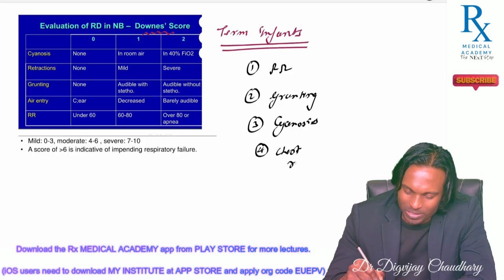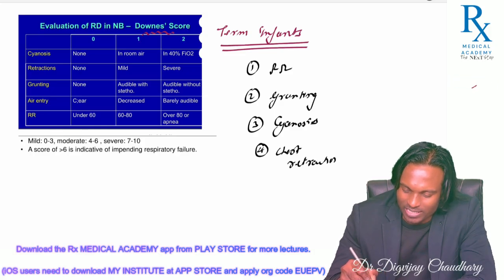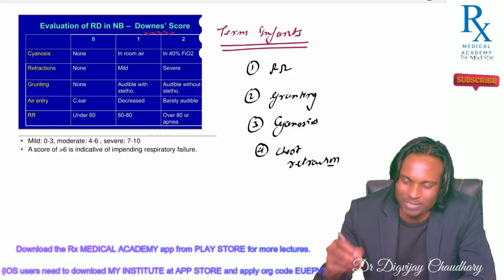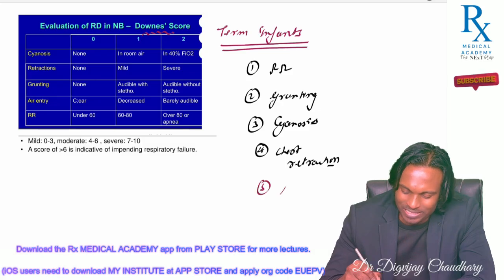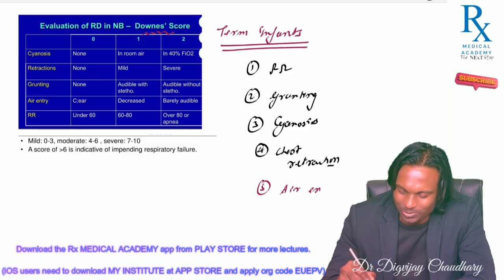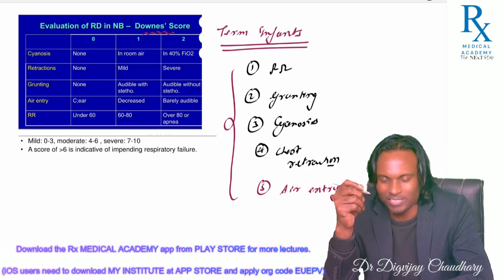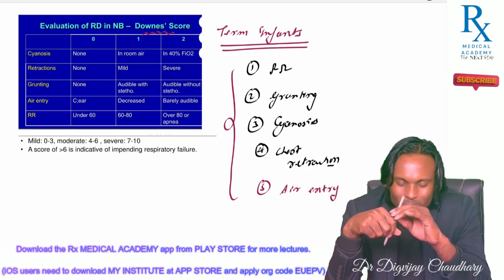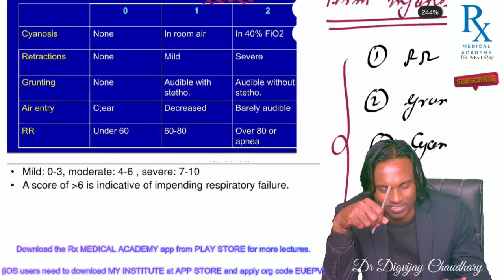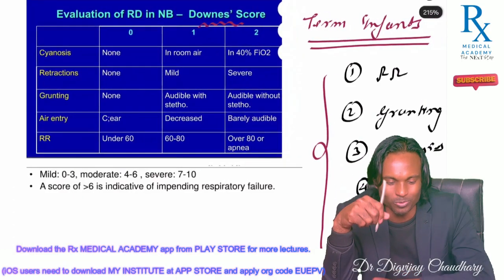And at that moment, I told you that you need to remember one more parameter, and that parameter is your air entry. You need to auscultate the chest. In case of severe respiratory distress, air entry might be compromised. So let's understand the scoring system in Downey's score as well.